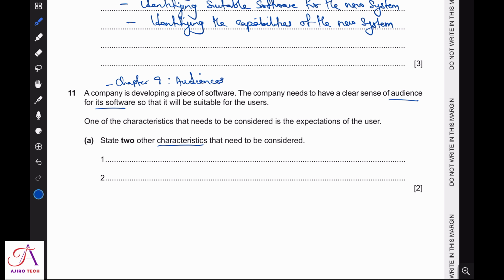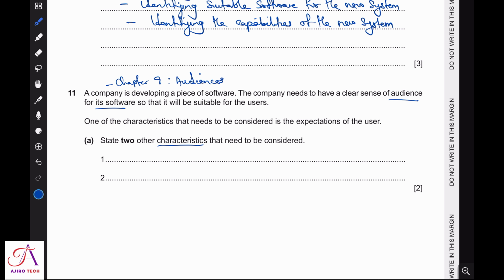Now look at it. The company needs to have a clear sense of the audience for its software so that it will be suitable for the user. So you're giving a presentation. They said a company is developing a piece of software. The company needs to have a clear sense of audience for its software. One of the characteristics is the expectation of the user. State two other characteristics that need to be considered.